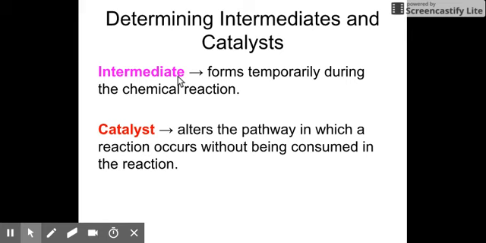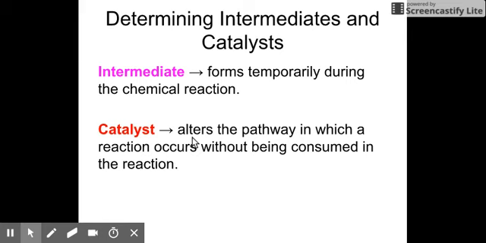Catalysts, on the other hand, you know that they speed up the chemical reaction by providing a shorter activation energy so that the reaction will occur faster. And these catalysts will alter the pathway in the reaction, but they will not be used up in the chemical reaction.